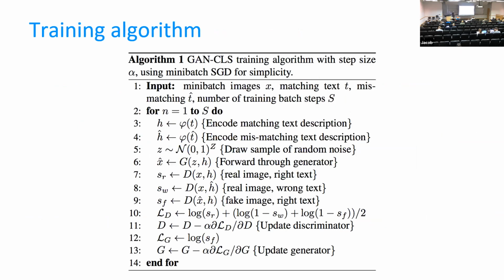Okay, so here's our algorithm. I wasn't sure that line 12 was correct last time. After class, I looked at it and I convinced myself that it was correct. If we remember, the discriminator predicts 1 if it believes that the image is real and matches the text, and 0 if the image is fake or if it doesn't match the text.